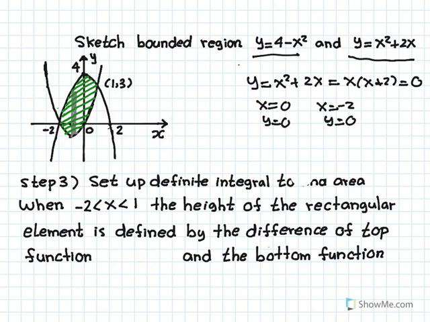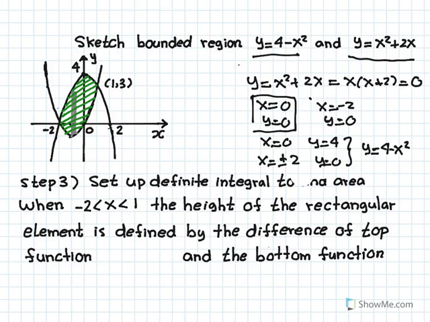And from before, we have x is equal to 0, y equals 4, and x equals plus or minus 2, and y is equal to 0. These are the x and y intercepts of y equals 4 minus x squared. And these are the x and y intercepts, x is 0, y is 0, and x is negative 2, y equals 0, for the other parabola, y equals x squared plus 2x.